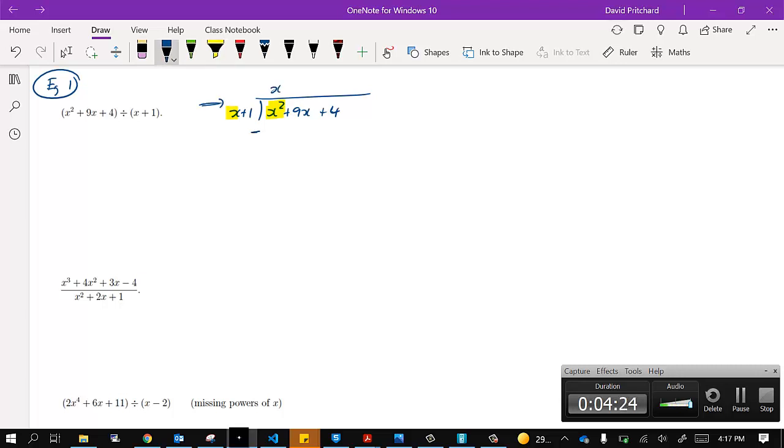Now we have to subtract the product of the quotient, x, and the divisor, x plus 1. So x multiplied by x plus 1 gives us x squared plus x, and that's what we're subtracting.